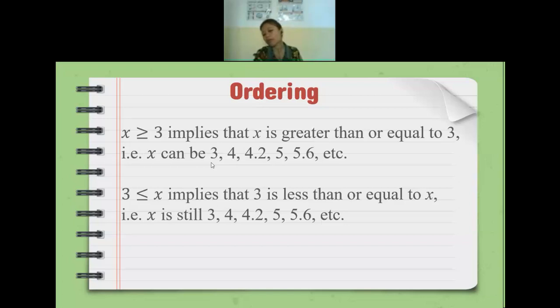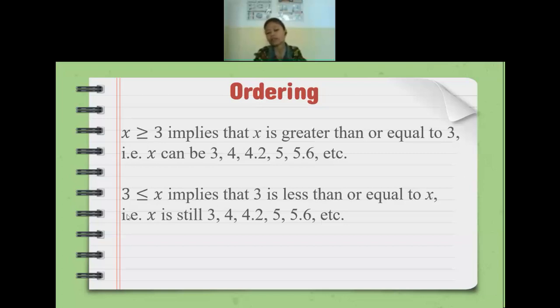The number is not always a whole number in this case, because x is not described as an integer, so x can be a decimal, a fraction, or a whole number, any type. So it can be 3, 4, 4.2, 5, 5.6 and any other number as long as the number is bigger or equal 3.